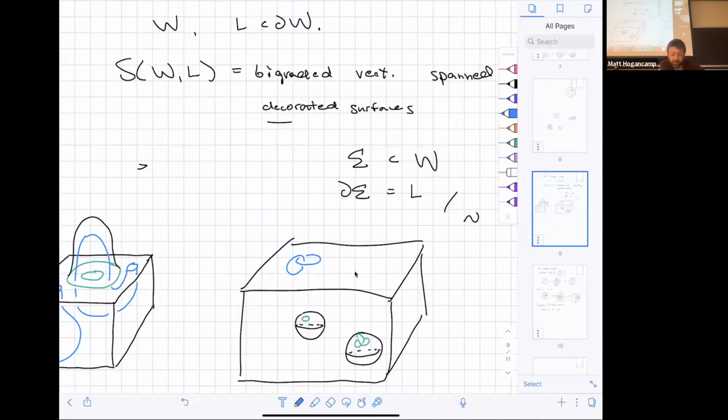And then I allow my surfaces to sort of terminate on these little balls here. And the decorations are Khovanov homology classes of these guys.